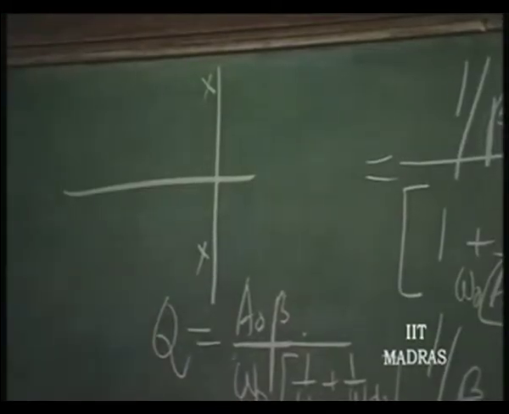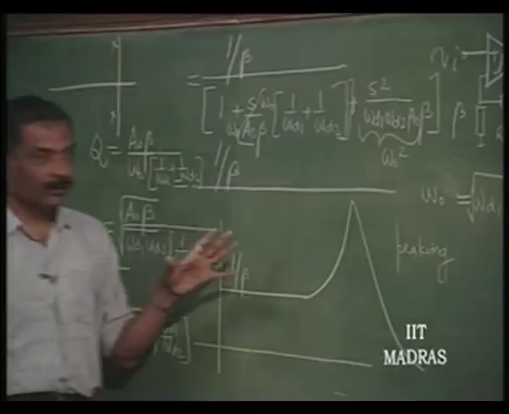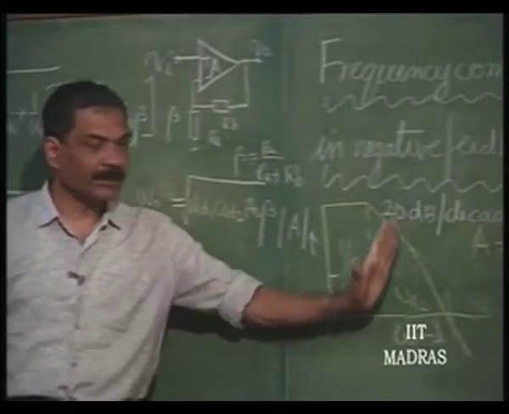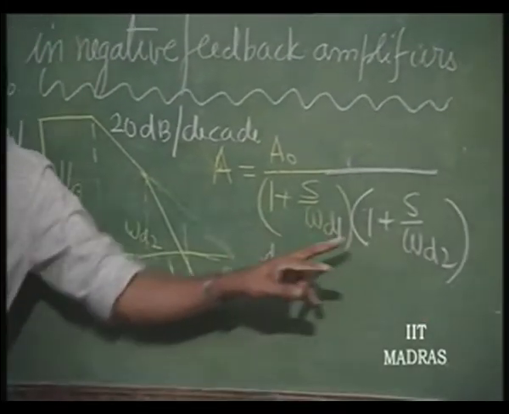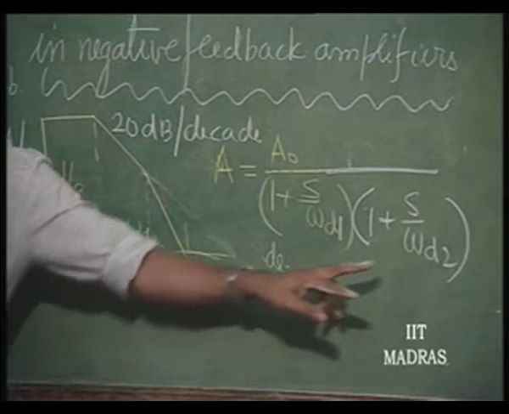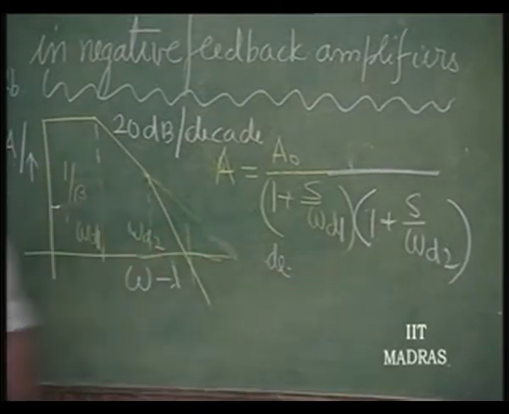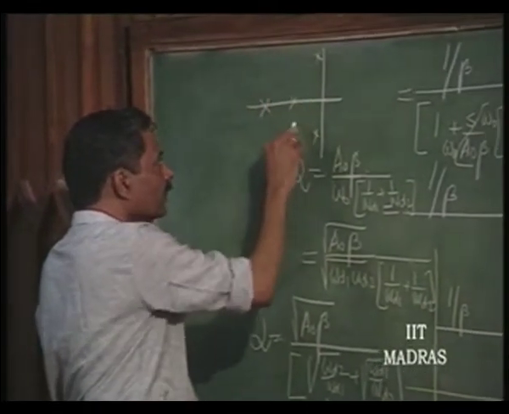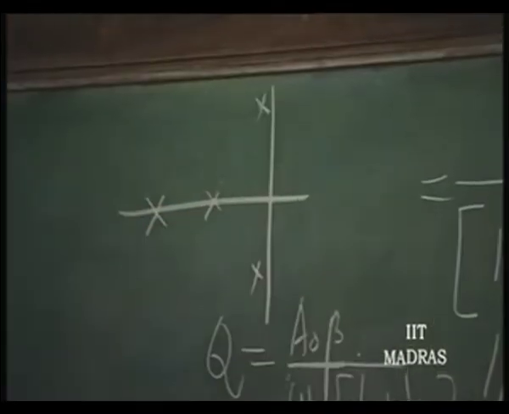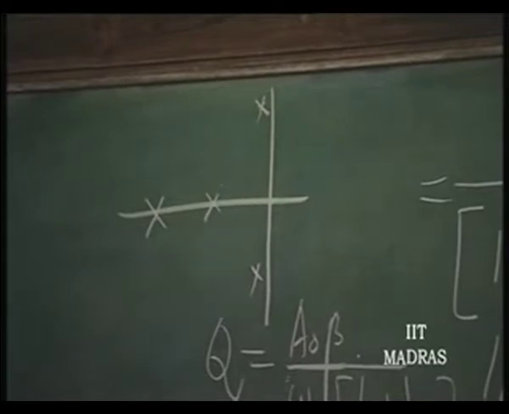Even though the amplifier had poles on the negative real axis, the original amplifier had poles on the negative real axis. Because of negative feedback, for a second order system like this, the poles will now shift, if they are like this, they will go to a complex conjugate pair, right, if A naught beta is high.